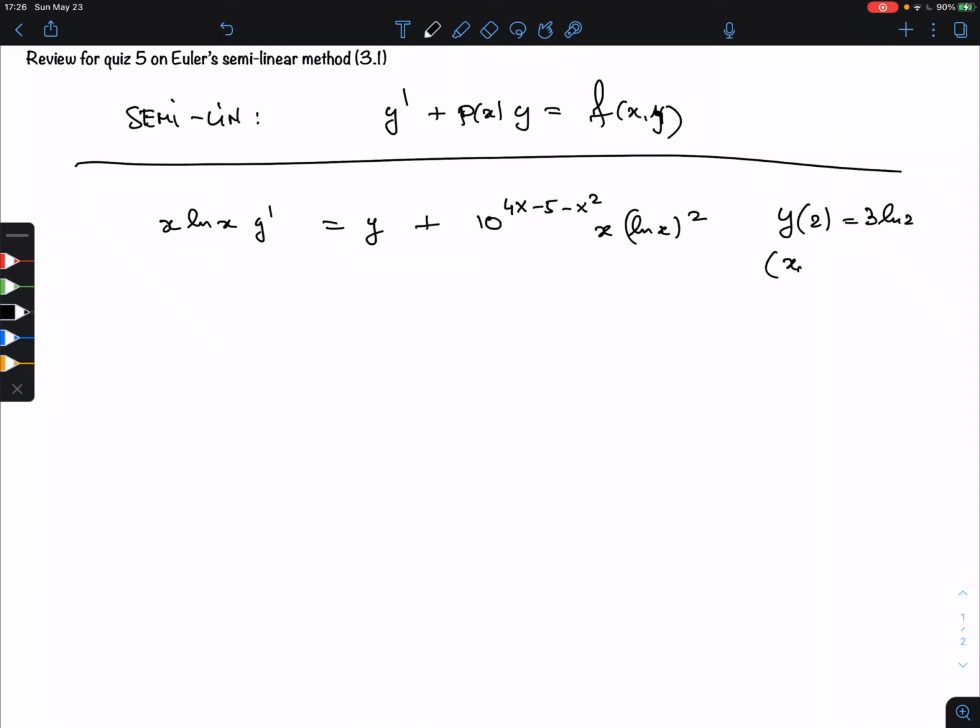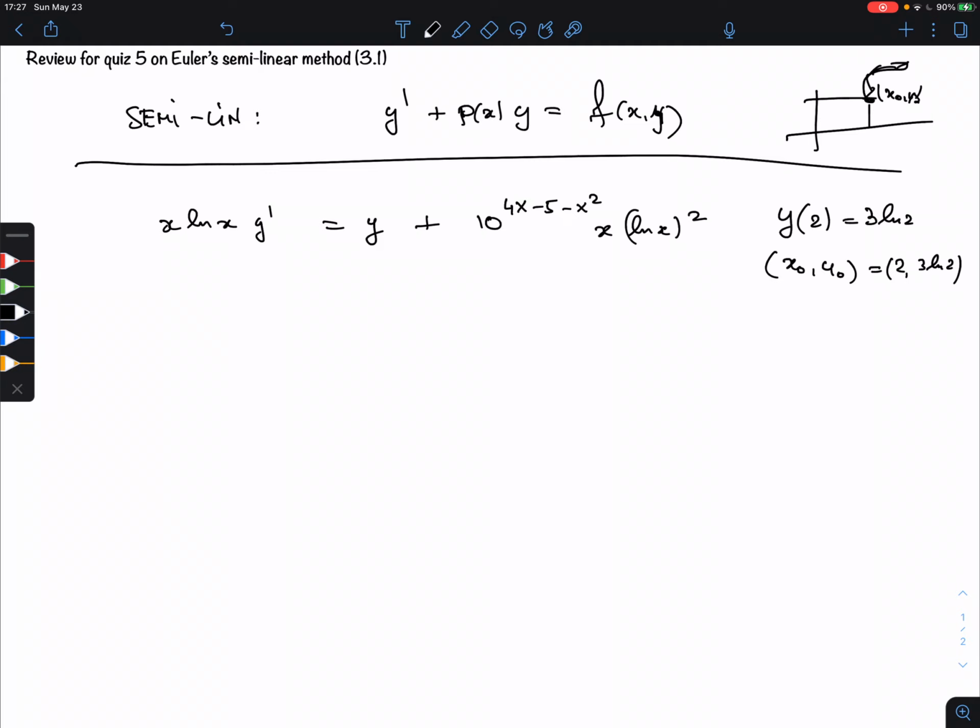So this means at x0, y0, the very first point of my calculation, if you put this in a direction field, we have this point here, x0, y0, and it's from there that we have these arrows that tell us where to go. So that's our initial point, the point (2, 3 ln 2). And again, the reason for this ln 2 is that it makes it actually nicer.